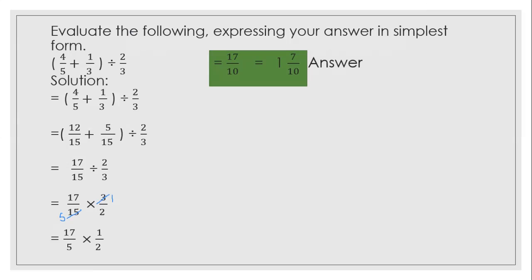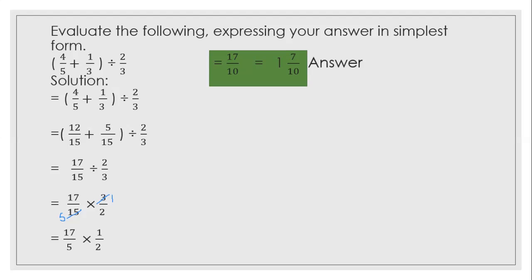Now both the fractions are in simplest form and there is no cancellation which we can do further. So we have to multiply numerator by numerator and denominator by denominator. While multiplying numerator by numerator, 17 into 1 is 17 and 5 into 2 is 10. So we have got 17 upon 10.